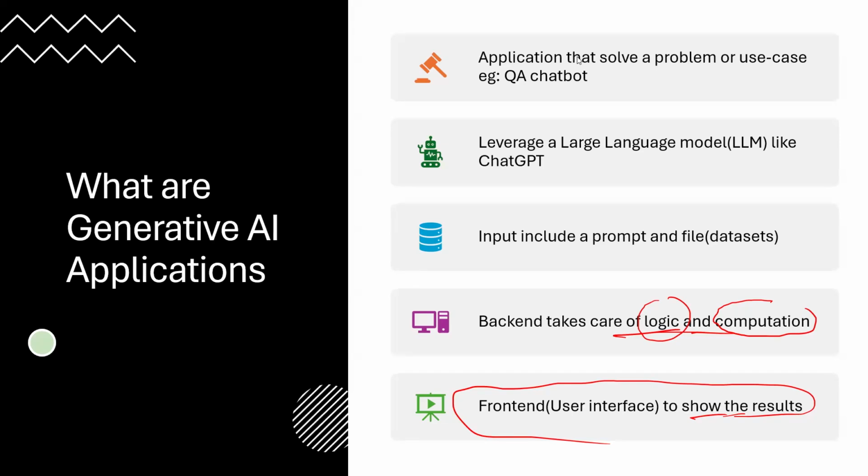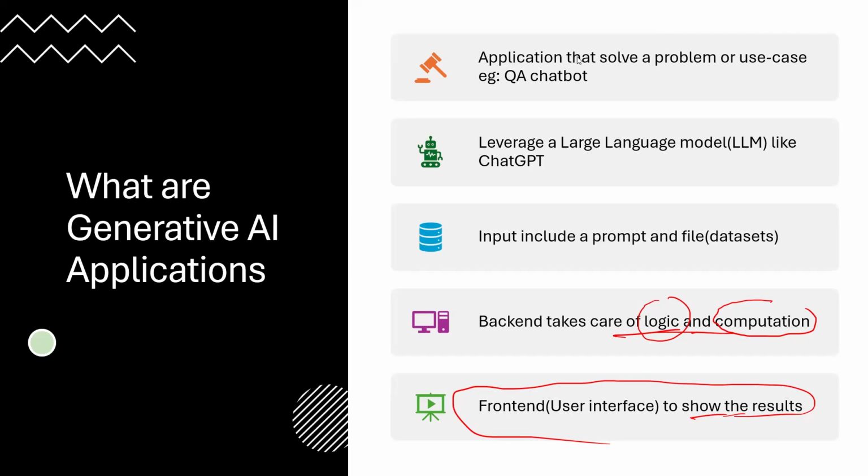The input you have given goes through some logic and computation. After all the computation is done, it gives us a response, and our front end shows the required results to us.